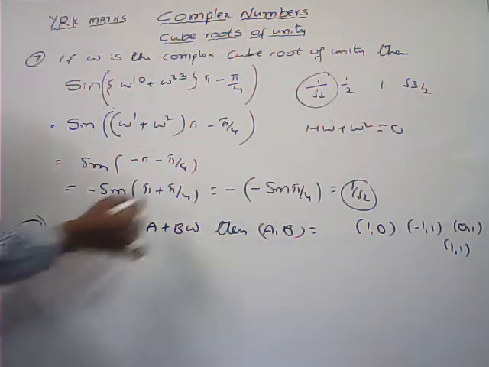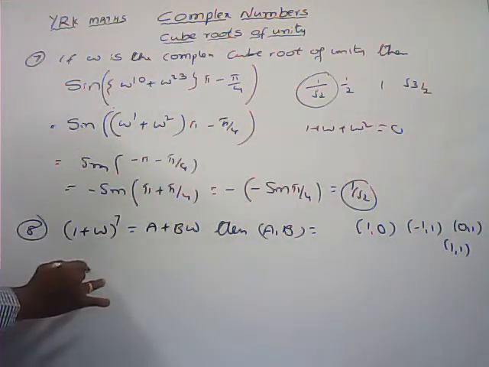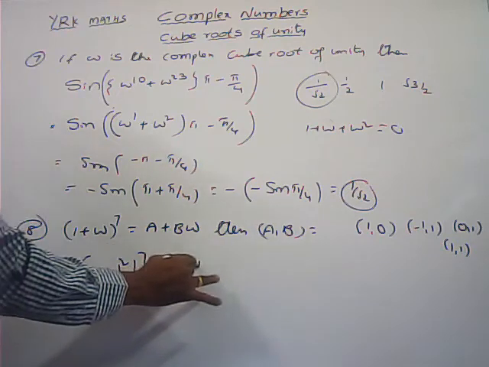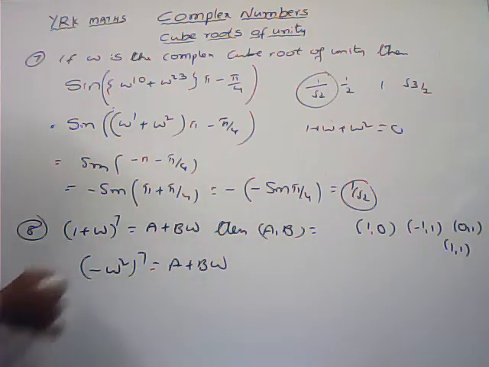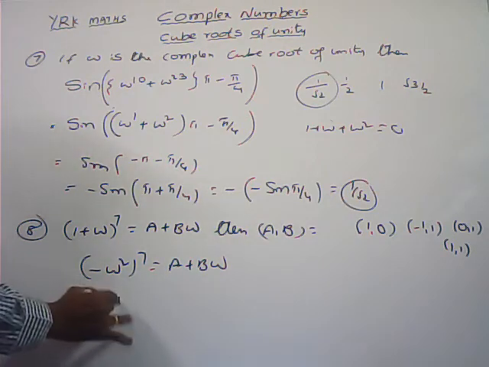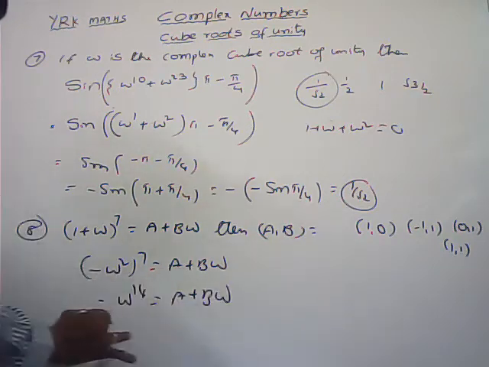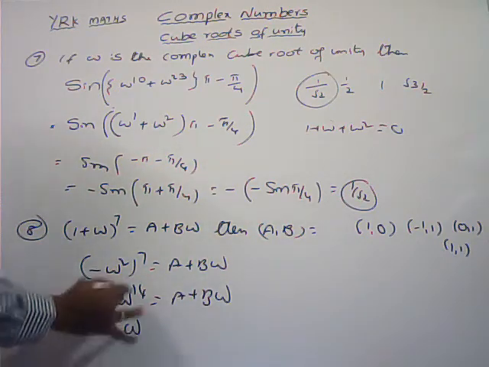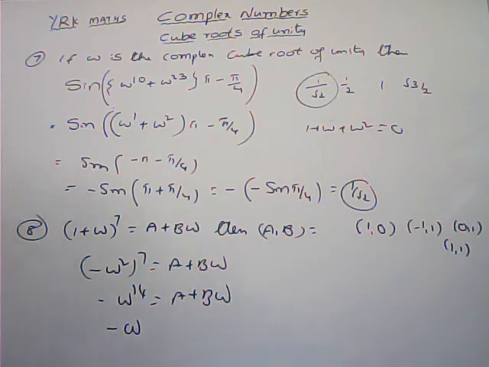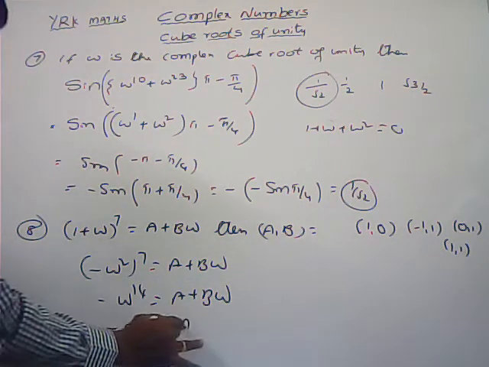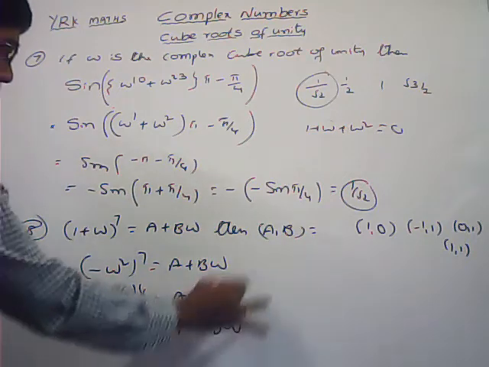So 1 plus omega we can write, that is minus omega square whole power 7, that is equal to a plus b omega. Minus, if you write odd number of terms you can get minus omega power 14, that is equal to a plus b omega, minus omega power, if it is divided by 3, 3 4s are 12, 2 is the remainder, so omega square we can write, that is equal to a plus b omega.